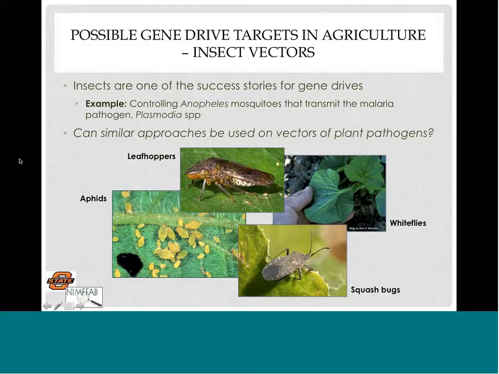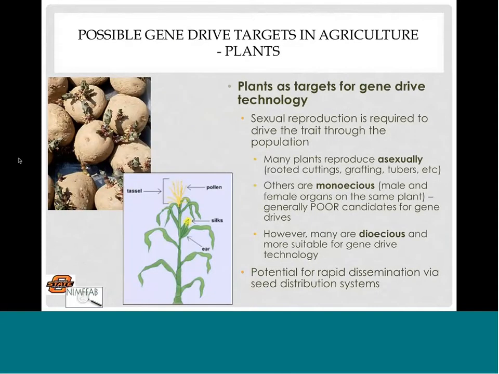But I wasn't able to find any research published that has actually focused on these sources of transmission. So I think that's a field that may be very promising.